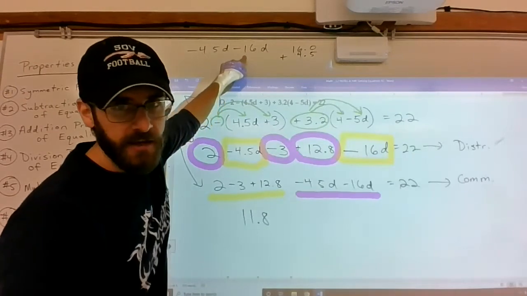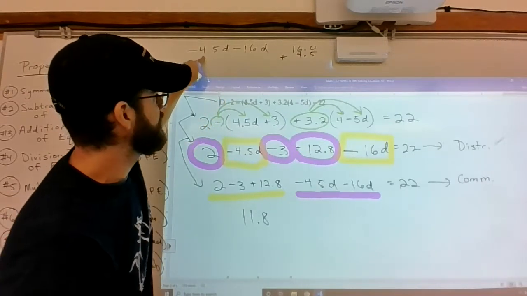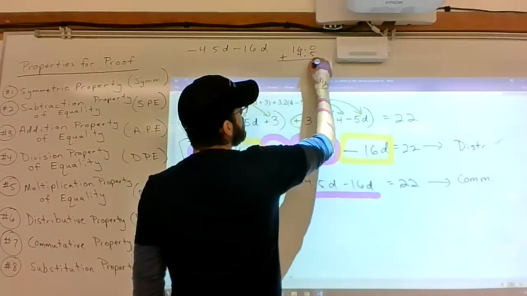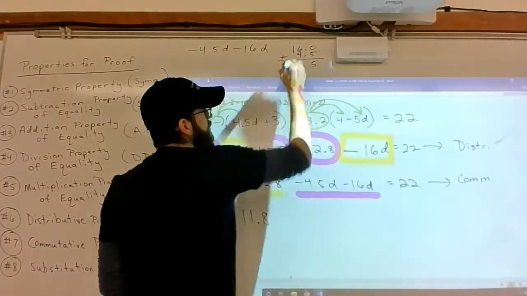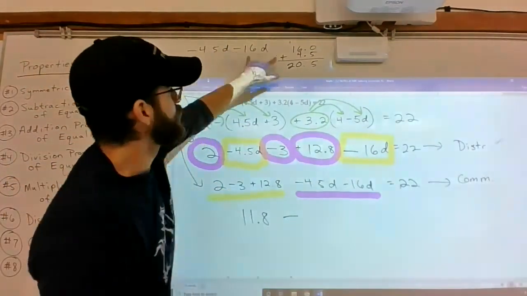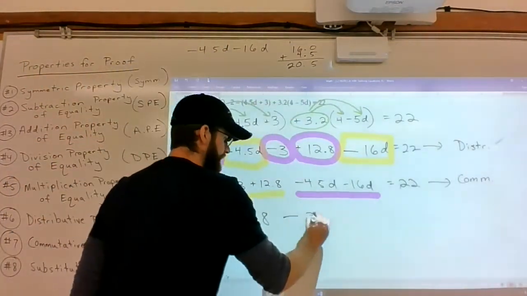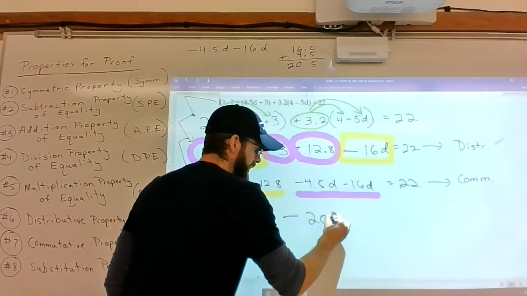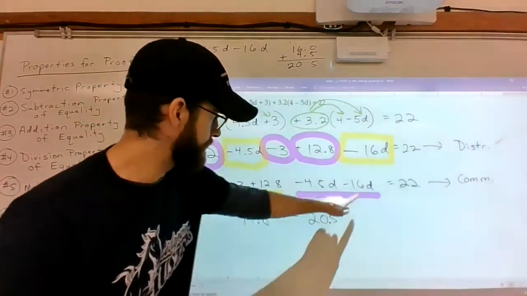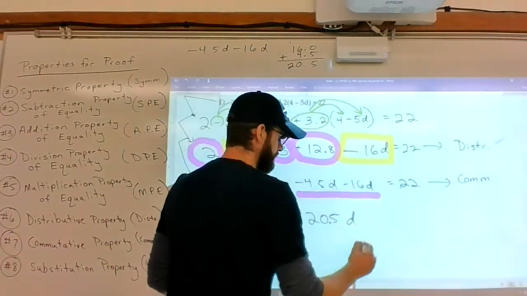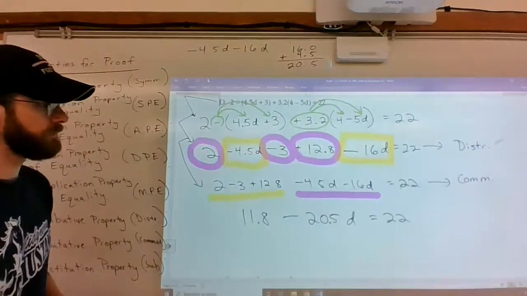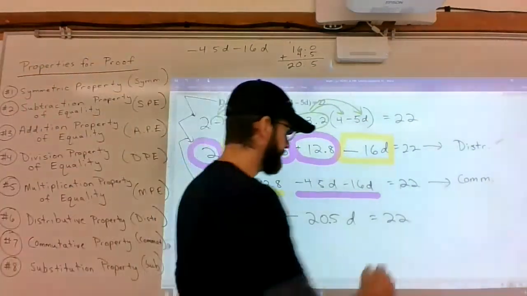This is the 1's place. This is the 1's place. Make sure you stack them. So it's negative 20.5. And then you make sure you keep the variable if it existed before you added or subtracted. That's the d. So that was the simplification.